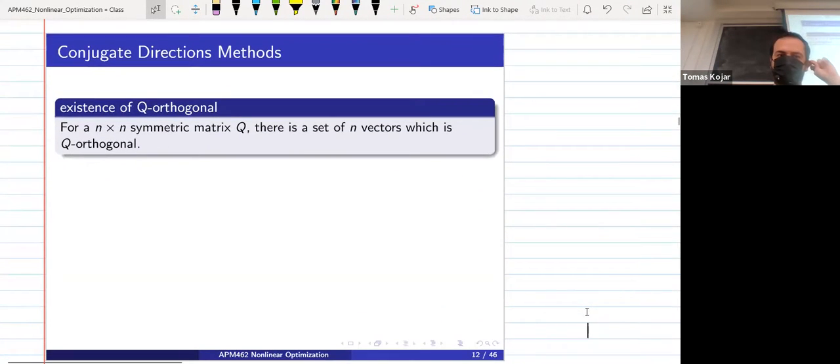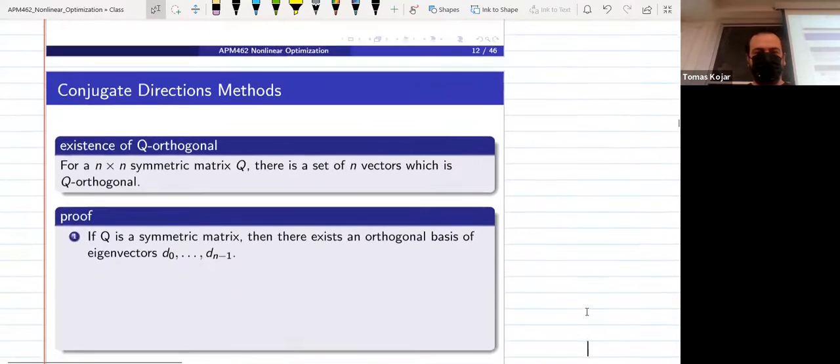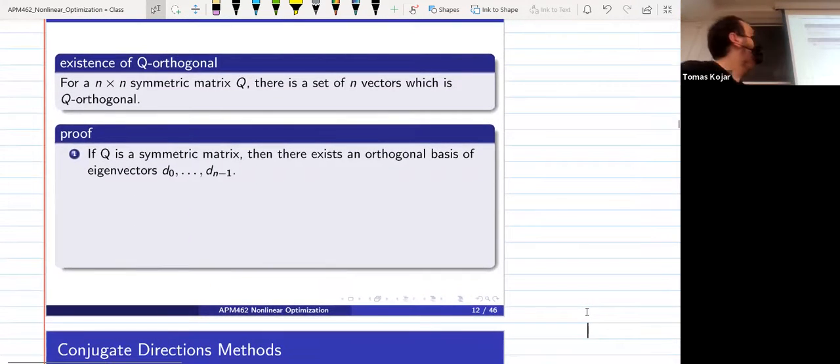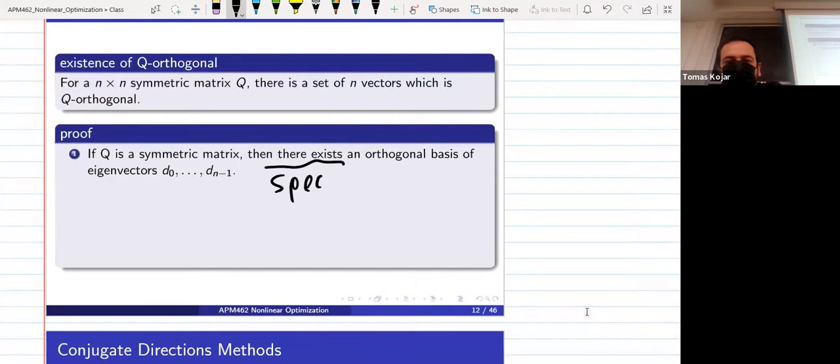Yes, I have to give you existence, but this is the spectral theorem. If it's symmetric, there exists such a basis. It's two months of work in a course, the spectral theorem.